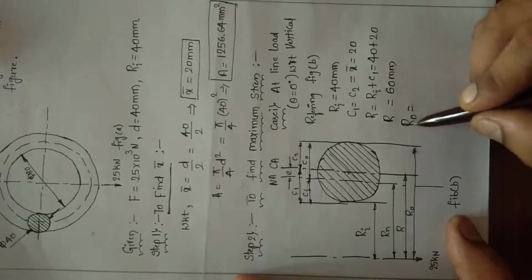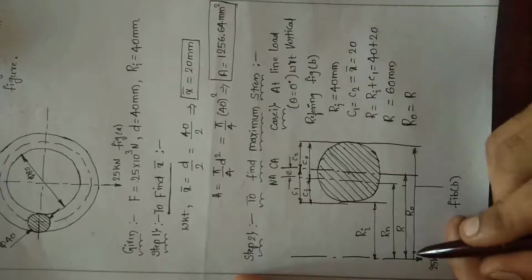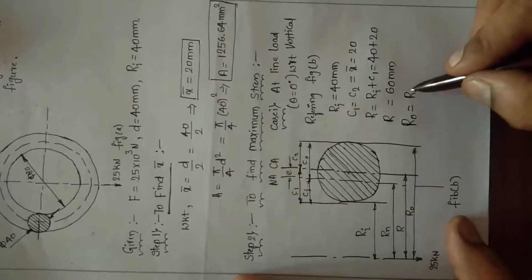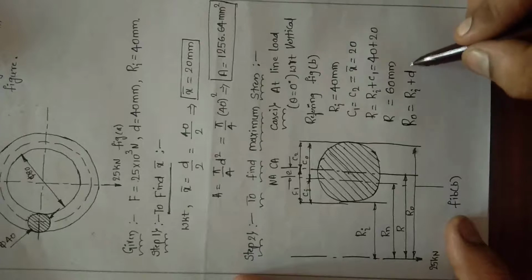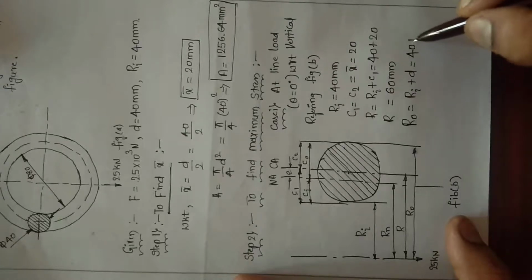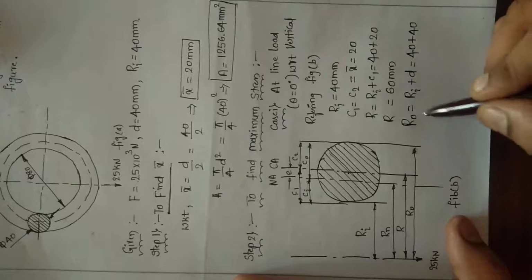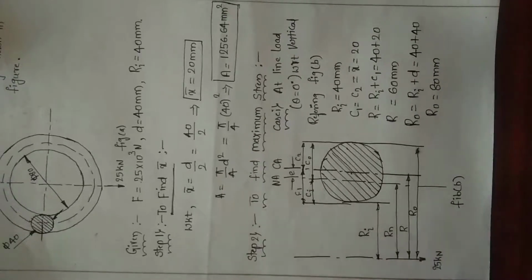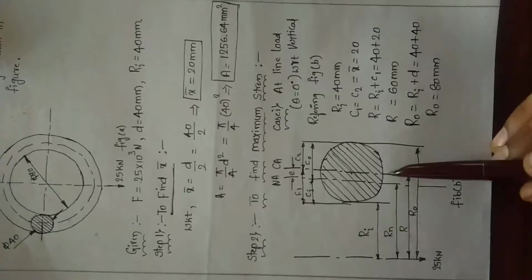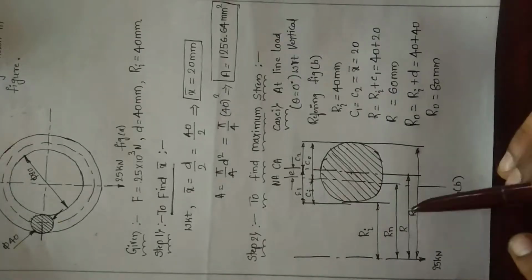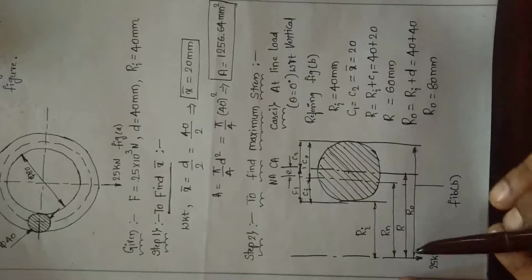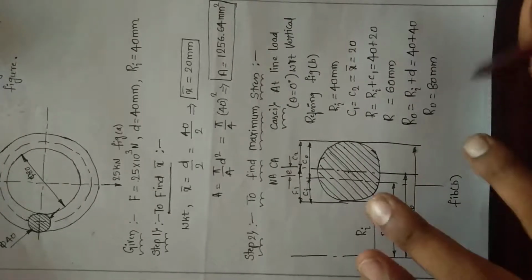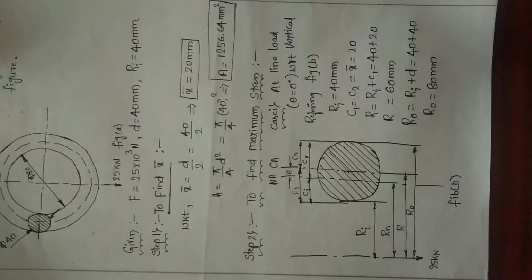R0 will be Ri plus D. Ri is 40, D is also 40, so R0 equals 80 mm. Or you can write R plus C2, both are the same. R plus C2, 60 plus 20 is 80, or directly Ri plus D, both are the same here. So we found all the notations. Fine. So now we need to find the moment.